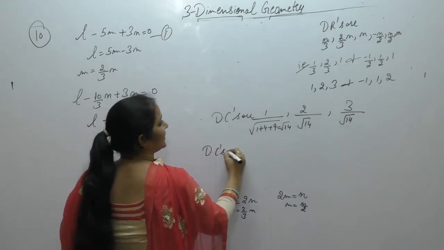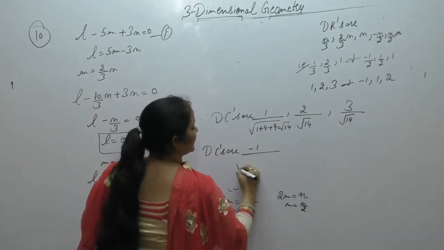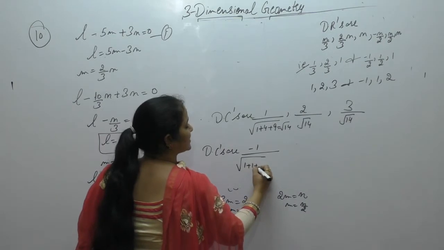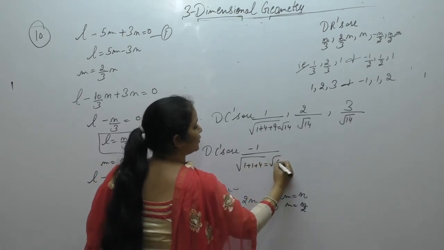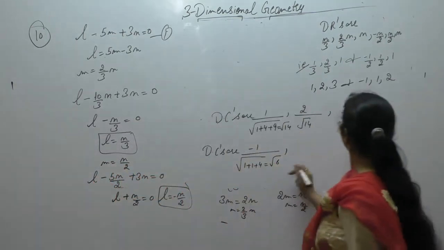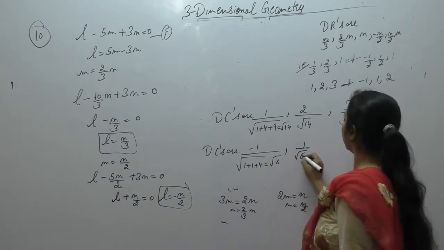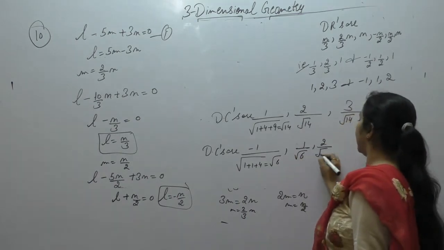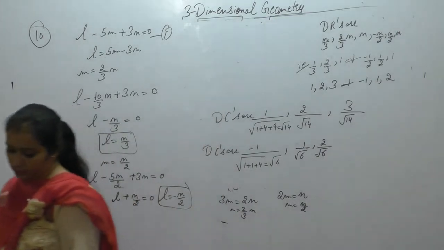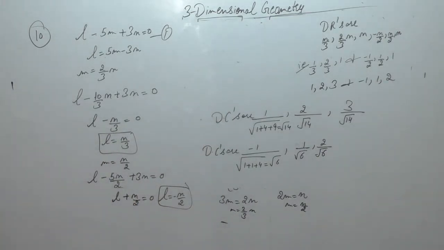Direction cosines of the other line are minus 1 upon square root of 1 square and 2 square, square root of 6: minus 1 upon square root of 6, 1 upon square root of 6 and 2 upon square root of 6. So these are the direction cosines of the required line.